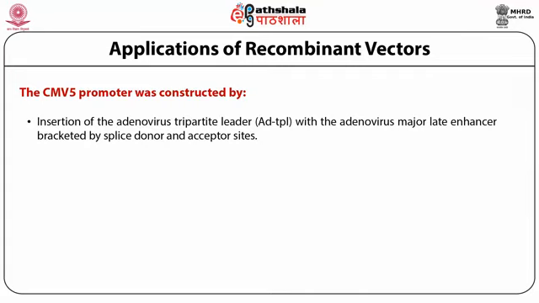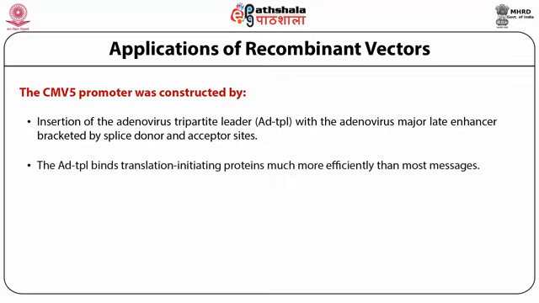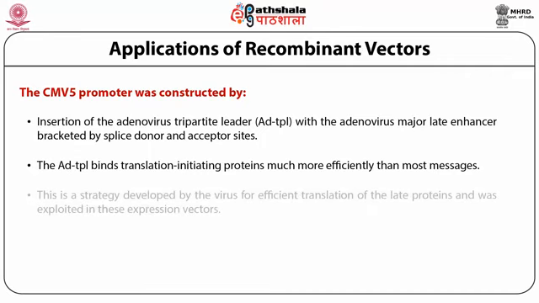So this is a very positive point of this vector and the promoter. The ADTPL binds translation initiation proteins much more efficiently than most messages. This is a strategy developed by the virus for efficient translation of the late proteins and was exploited in the expression of the proteins in these vectors.